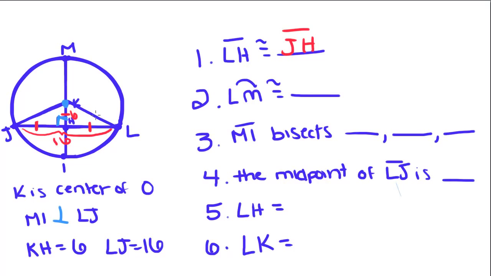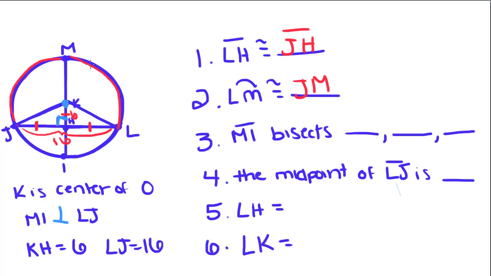So arc LM, which is this arc right here, is congruent to this arc right here, JM. Because if you look at MI, it's also the diameter of this circle. So this arc is corresponding to this arc.